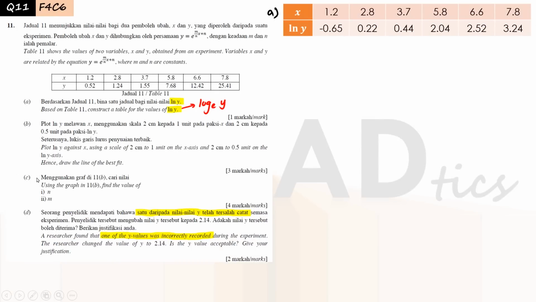For part C, we need to find the value of n and m. But the issue is we are not really sure whether the value of n and m is inside the gradient or the y-intercept. The values of n and m are inside this non-linear equation.